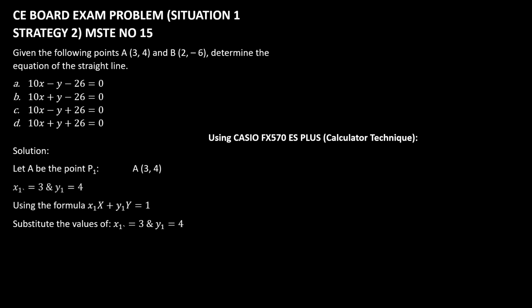For the start of our solution, let A be the point P sub 1. We have A (3, 4), 3 as our abscissa, while 4 is our ordinate.